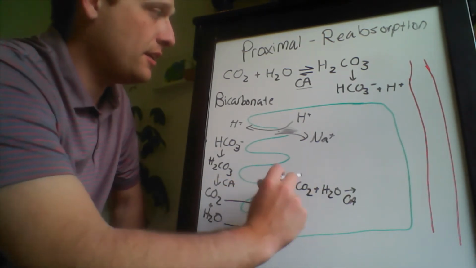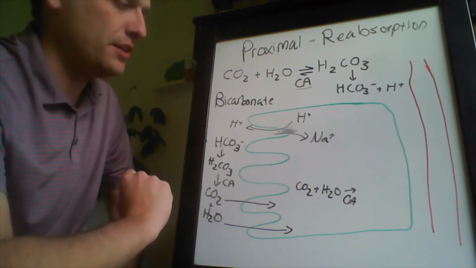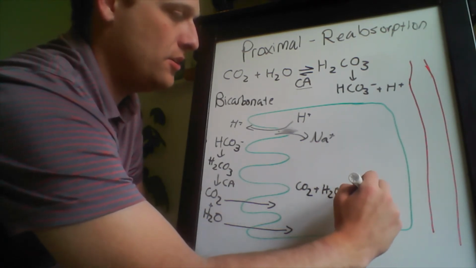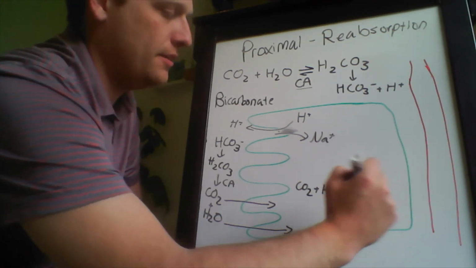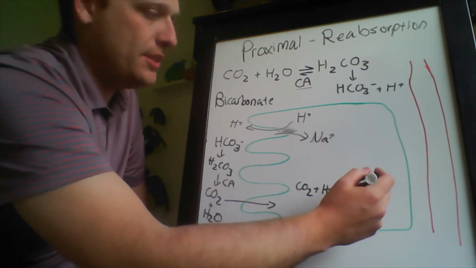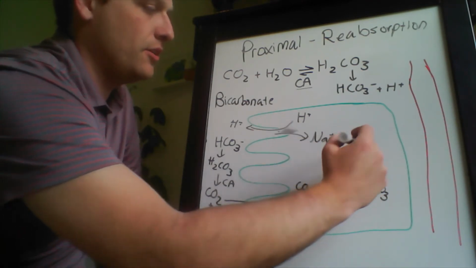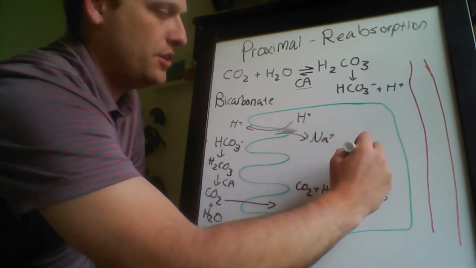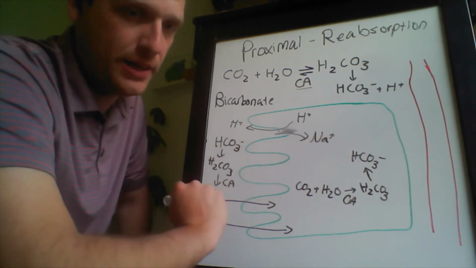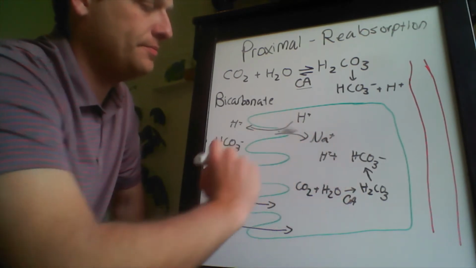So it's going to perform the reverse of that first reaction, and turn these two back into H2CO3. When this happens, H2CO3 is going to convert back into HCO3 minus, our original bicarbonate ion, and our hydrogen ion.